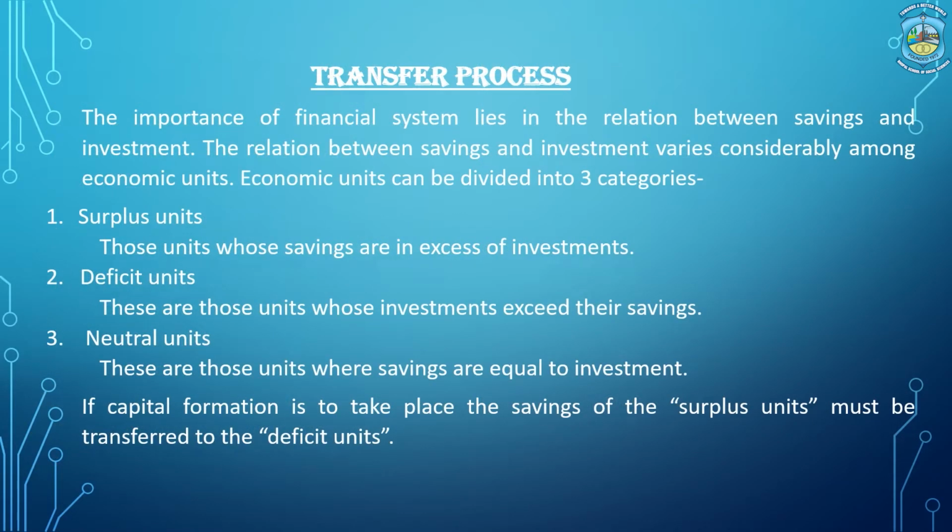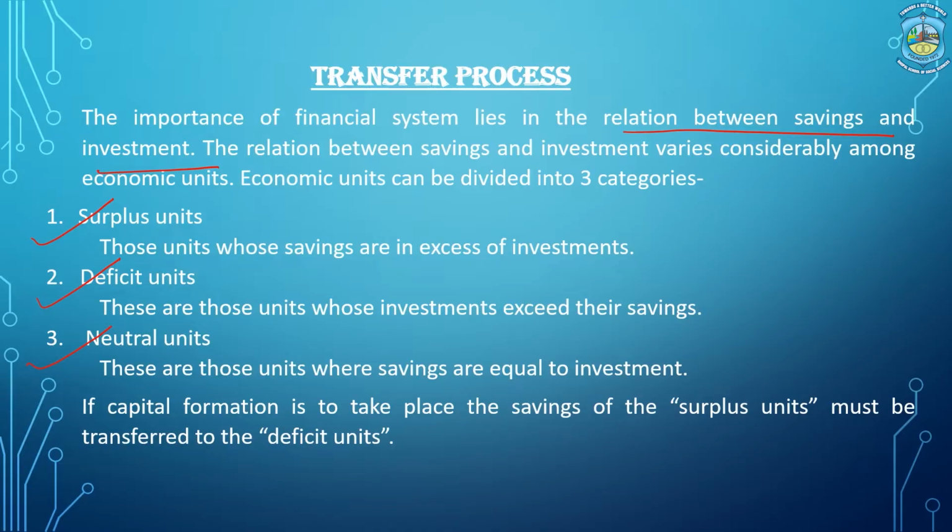Then we have the transfer process. Transfer process is the relationship between the savings and investment. It can be divided into 3 categories. First is the surplus units, second is the deficit units and third is the neutral units. Surplus units are those where the savings are in excess of investments. Deficit units are where investment exceeds their savings.